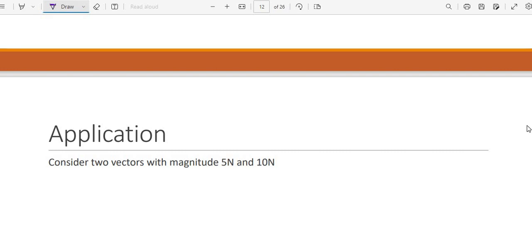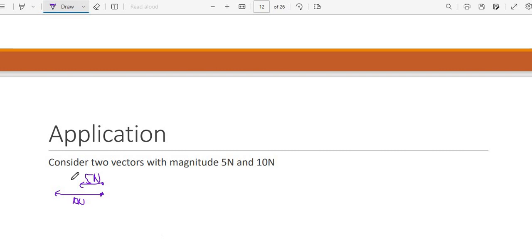So let us make a guess. Let us assume that the two vectors are in the same direction. So let us say this is the 5 Newton, and let us say that one there, that is the 10 Newton.